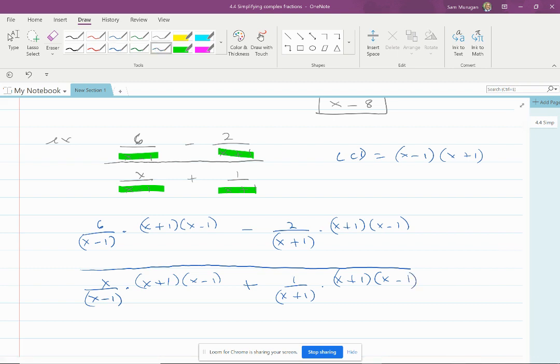And we look for opportunities to cancel here. X minus 1 cancels with x minus 1. X plus 1 cancels with x plus 1. X minus 1 cancels with x minus 1. X plus 1 cancels with x plus 1.